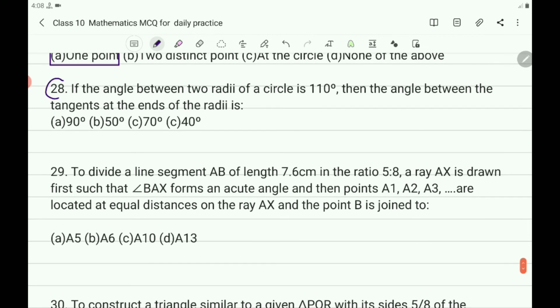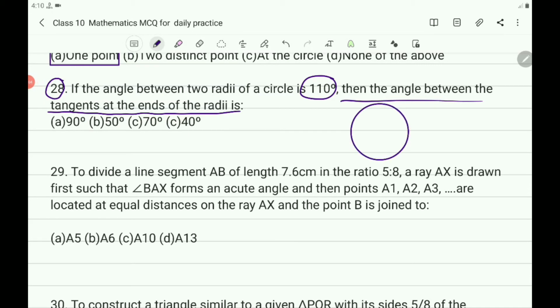Next, question number 28. If the angle between two radii of a circle is 110 degrees, then find the angle between the tangents at the ends of the radii. Let us have a rough sketch here. This is 110 degrees.